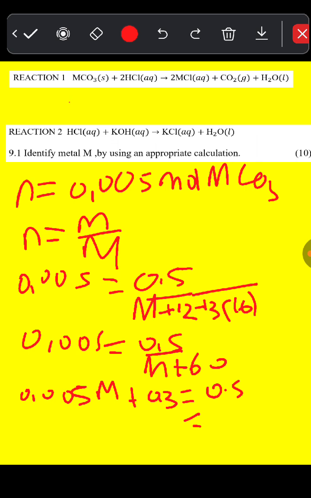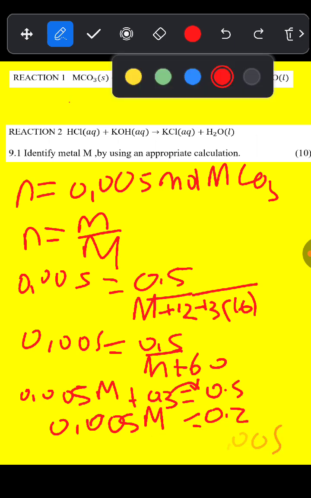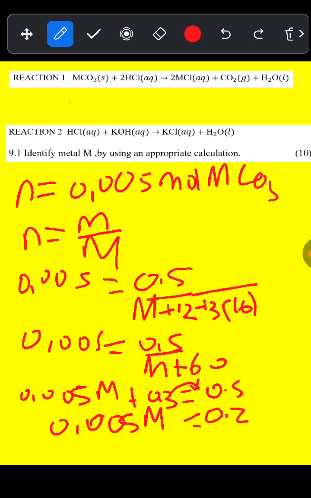Then you take this to the other side. It becomes 0.2 equals 0.005 M. So you divide both sides by 0.005, and you are going to get an answer of M equals 40. And this is 40 grams per mole.